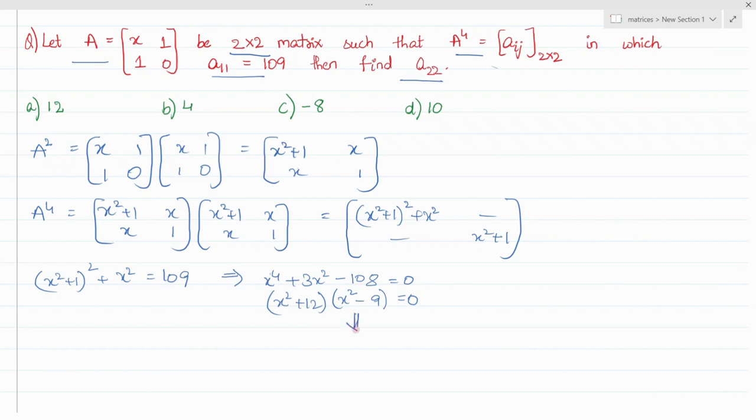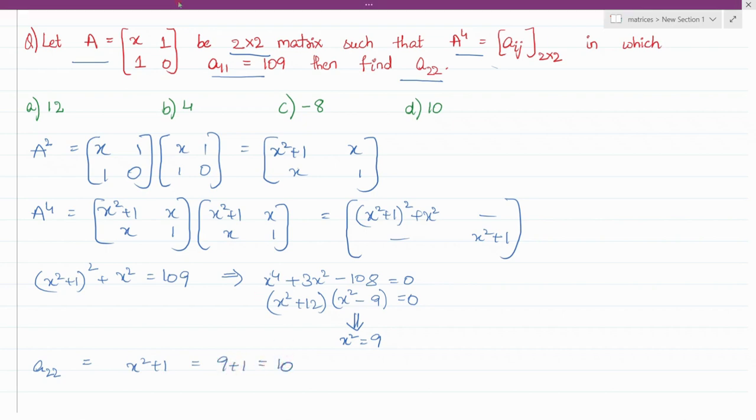Square can't be negative, so x square is nothing but 9. So to get the A22 entry, that is x square plus 1, put 9 over here and you will get 10. So 10 is the required answer for this question.